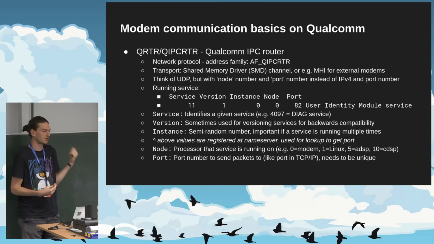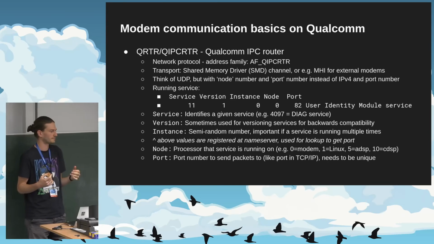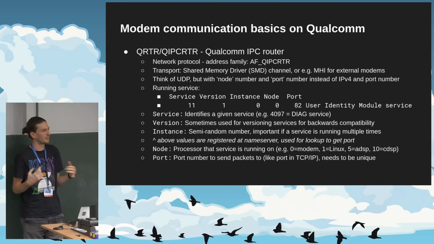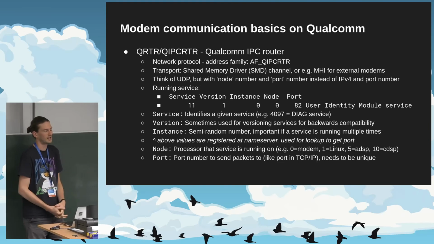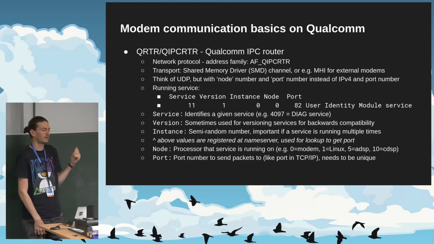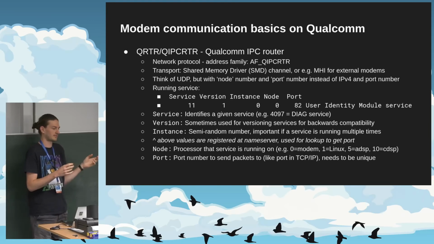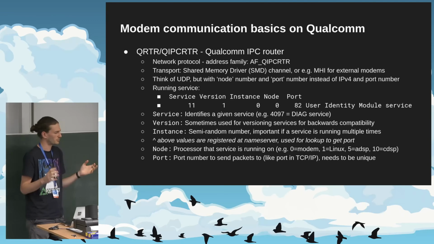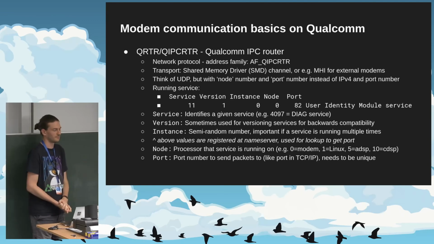In theory, a service should be able to run with two different versions, so that a migration over the services can be possible more easily. But in practice, I don't think this is used really much. There's also an instance number where the same service can run multiple times for different reasons. I'm not too familiar there.